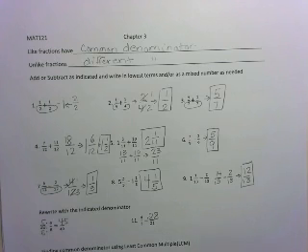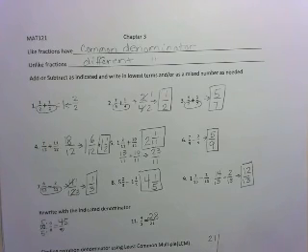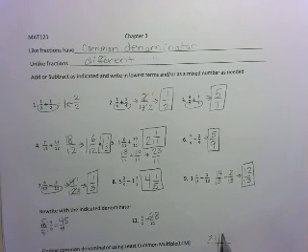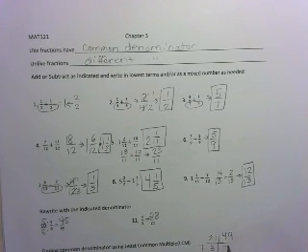The easiest way I've found to do this is to write the numbers into a grid-like system. What divides into both of these? 7. 7 goes into 21 3 times. 7 goes into 49 7 times.